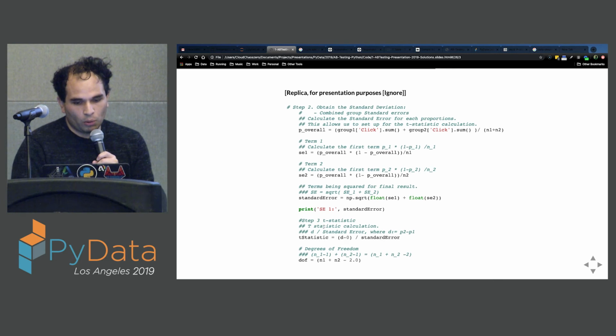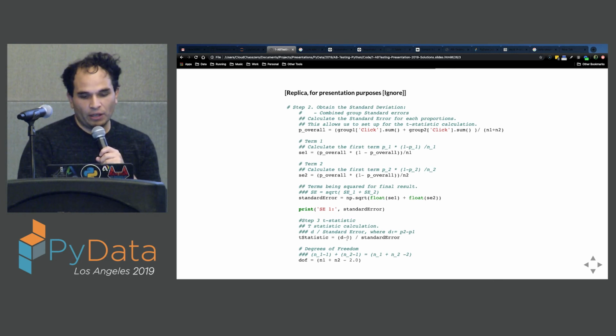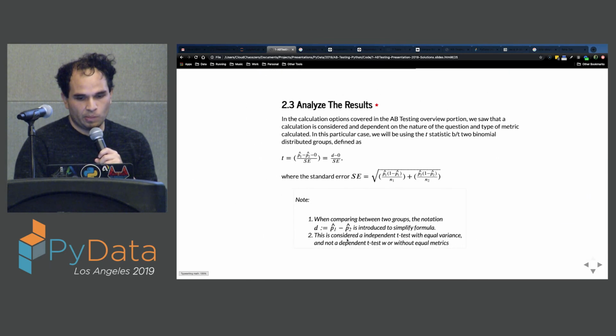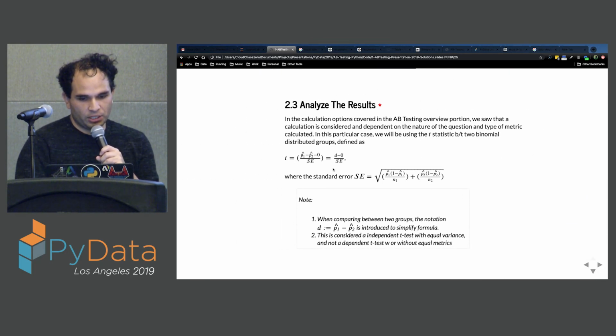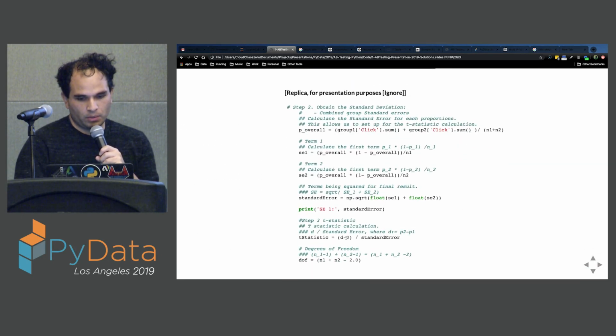And then going down, we manually calculate the t-statistic value that was defined in this function right here. So let's go down. Here, so d minus 0 divided by that standard error.